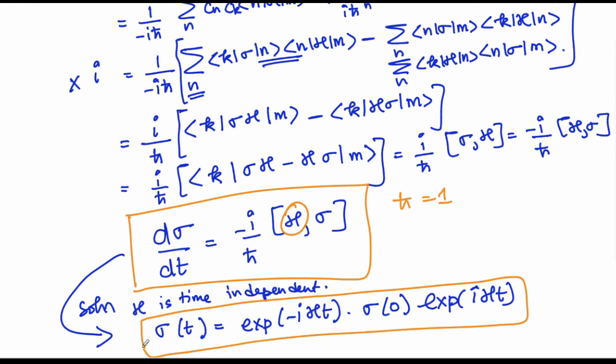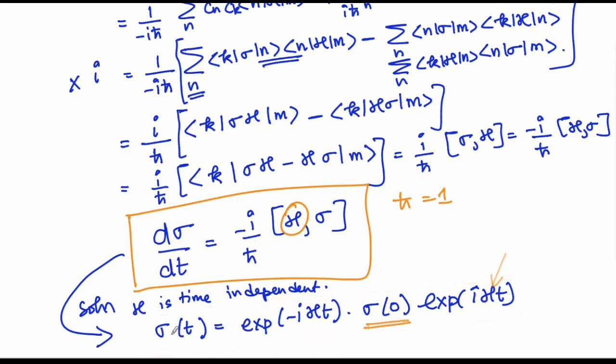So what we are able to understand is that in conditions where you have a time independent Hamiltonian and you know the initial density matrix, you can actually tell what is the final density matrix.